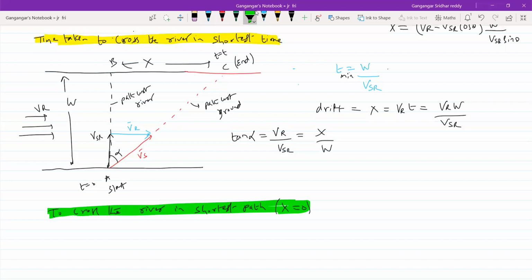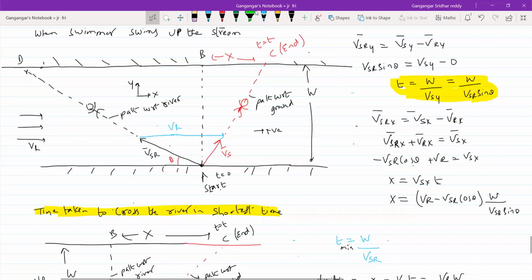I'll go back to the basic diagram. Shortest path. When can I have shortest path?